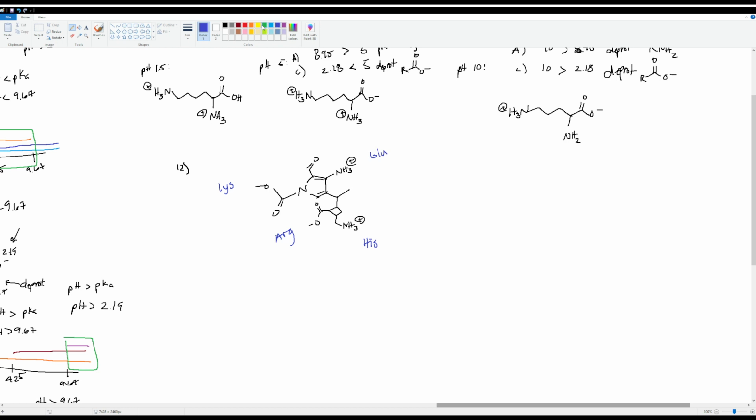Okay. Really quickly, because we only care about their R group interactions, lysine's residue looks like this. Arginine's looks like that.